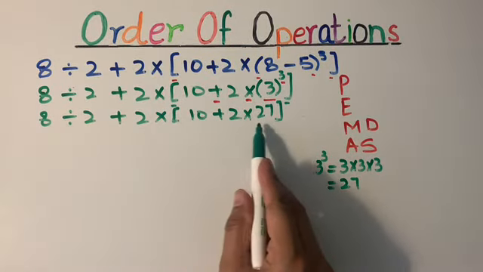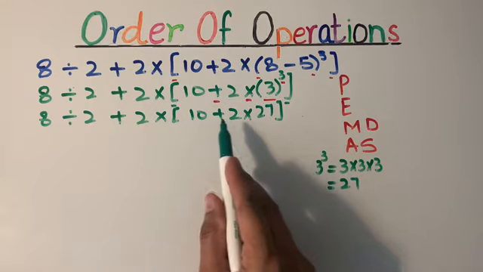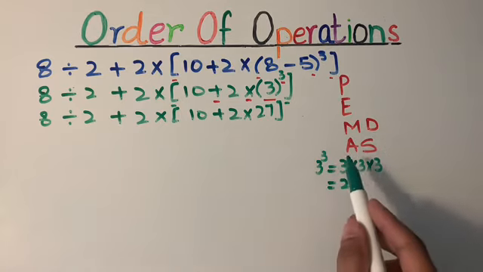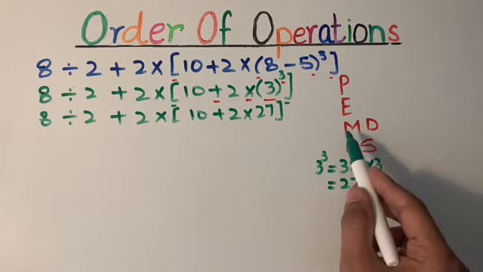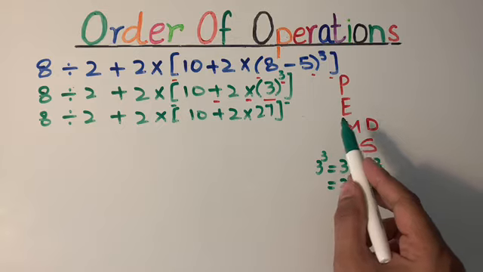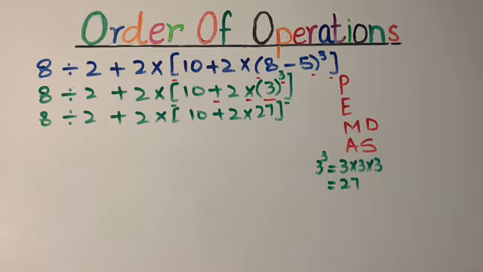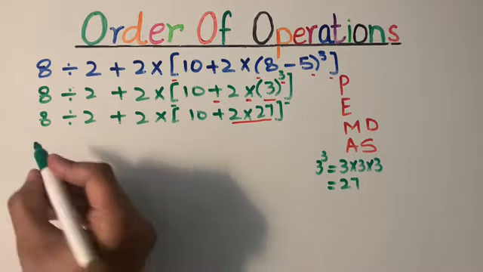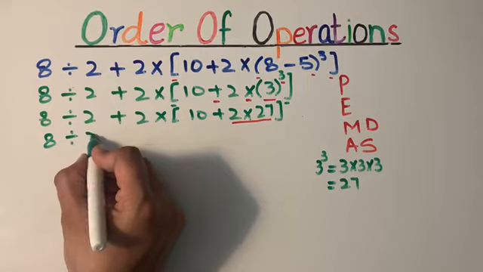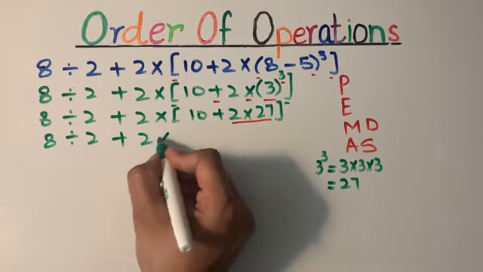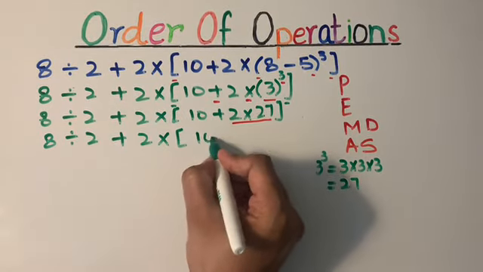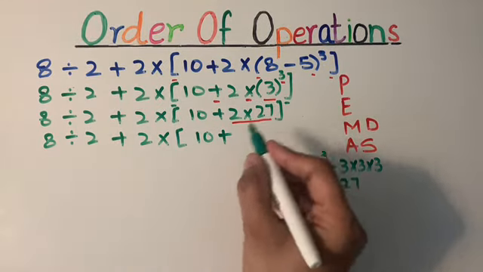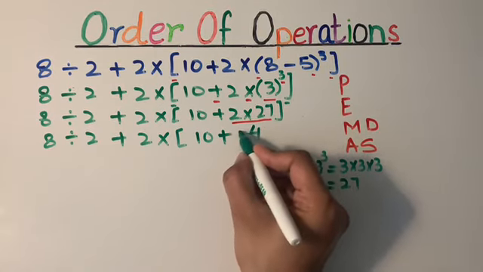Now we have two operations in this bracket, addition and multiplication. Which will we solve first? According to PEMDAS, multiplication has the higher priority. So we'll solve multiplication first. 8 divided by 2 plus 2, and 27 times 2, 2 times 27 is 54.